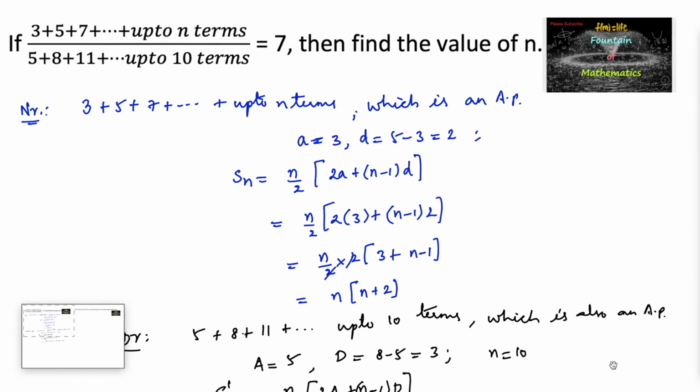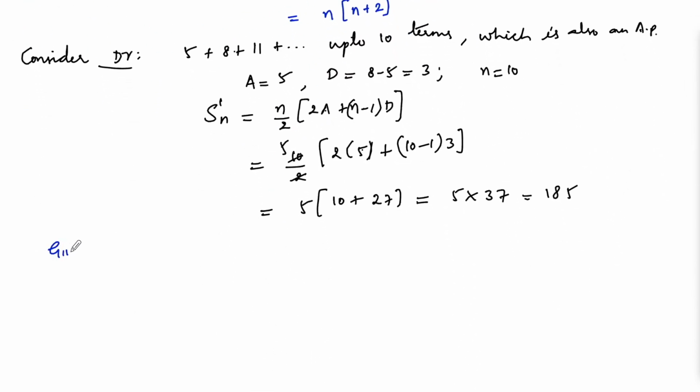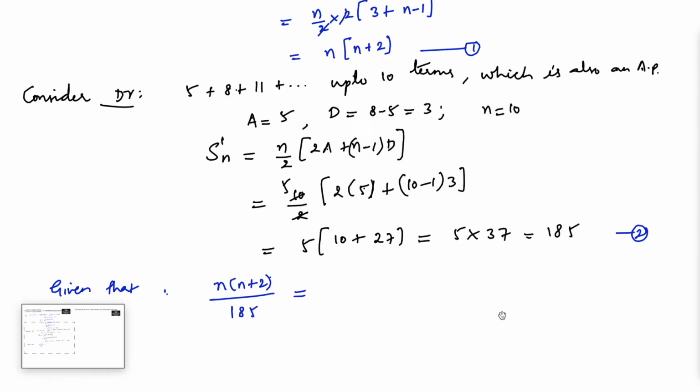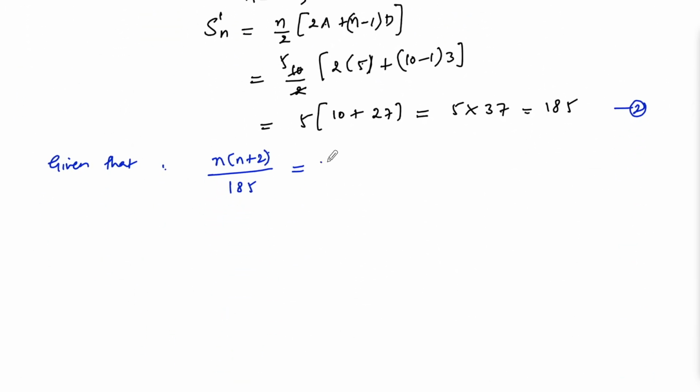So given that the numerator upon denominator is equal to 7, let's consider this as 1 and 2, n into n plus 2 upon 185 is equal to the ratio given, 7, or we can write n into n plus 2 is equal to 7 into 185.